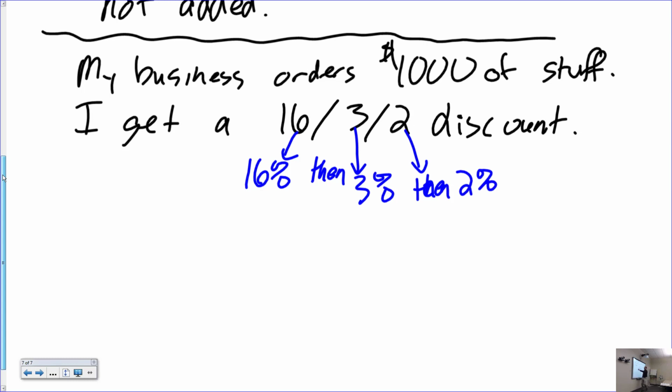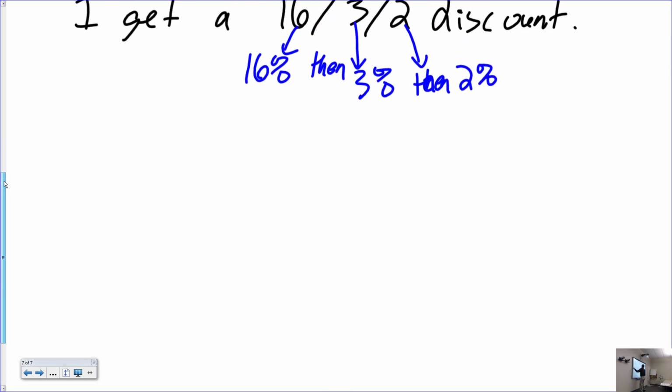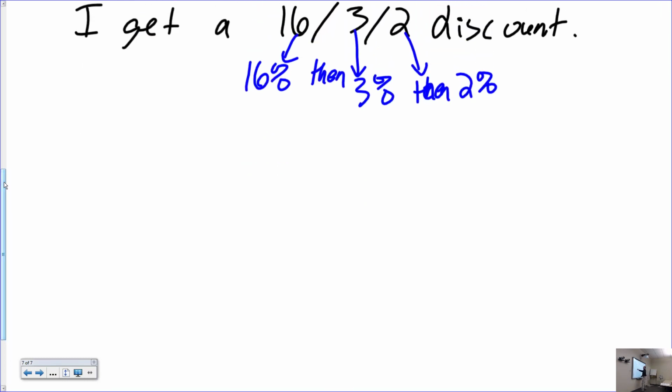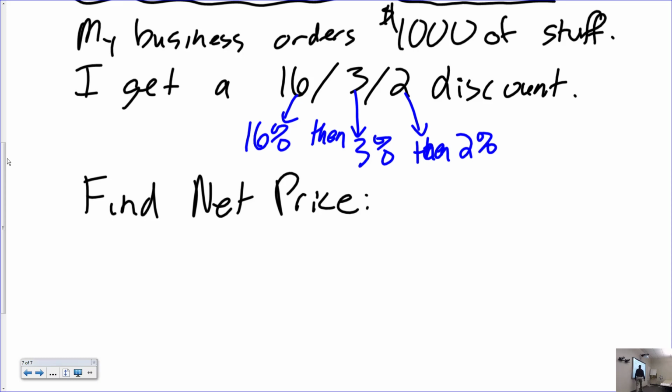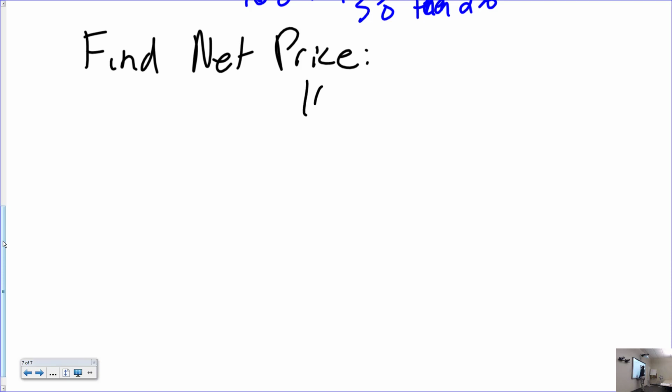So, how would we go about figuring out what the net price is for this particular order? All I want to know is net price, right? Okay, 1,000 times 0.16.